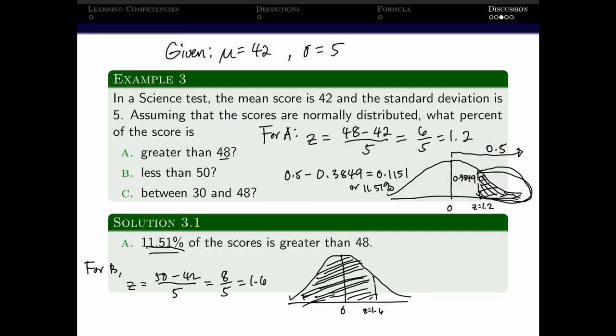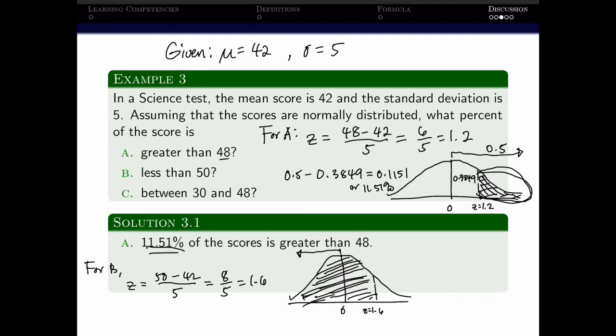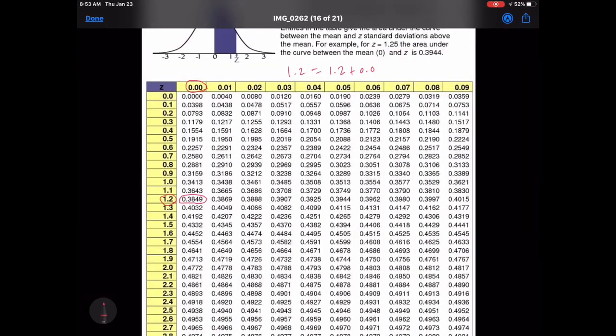We know that the area to the left of 0 is 0.5, so we only need to solve for the area between 0 and 1.6. Let's go back to our table. 1.6 is here, 0.0, so therefore our area is 0.4452.